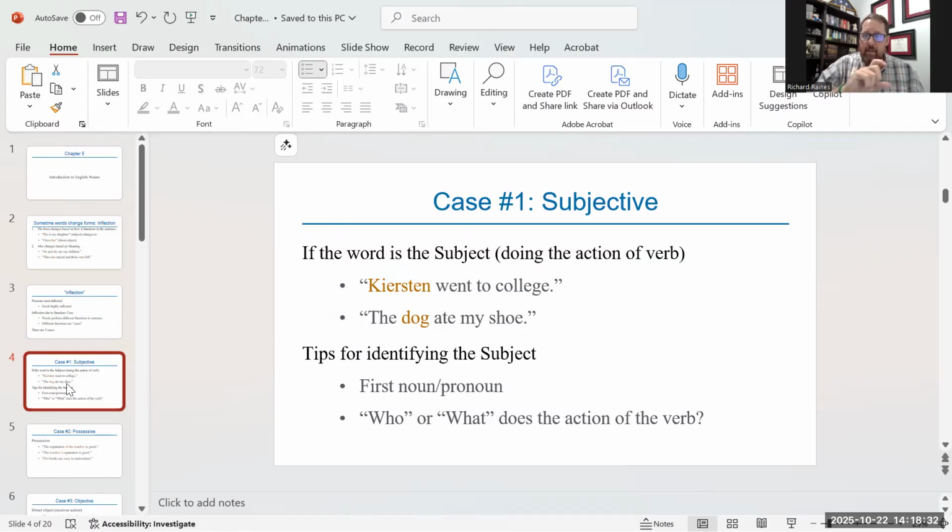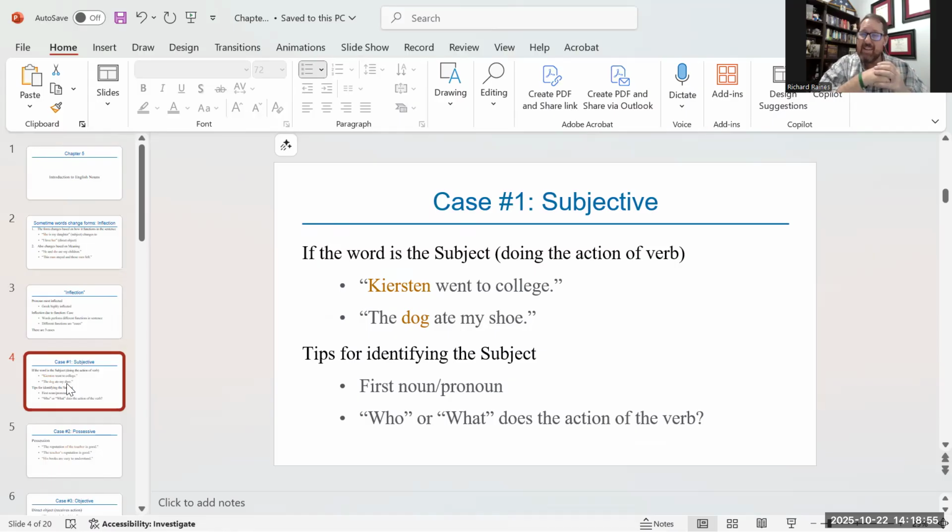We rely very heavily in English on word order. If I want to say that I went to the store, that is a natural way to say it. There are other ways I can say it, but that's really the best way. I went to the store. I is the subject, went is the verb, right?